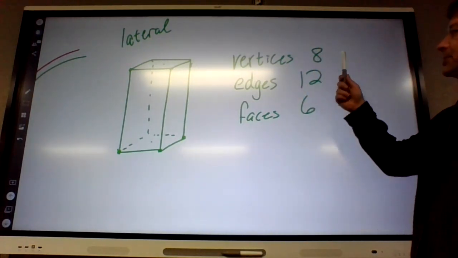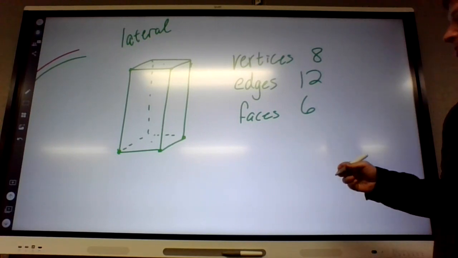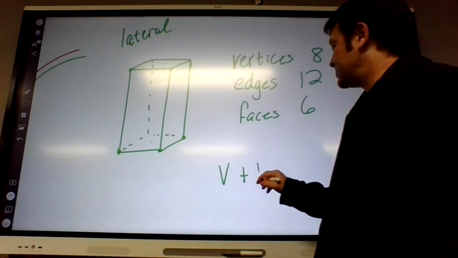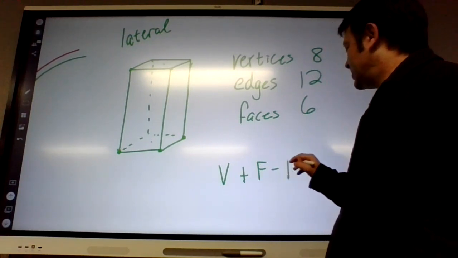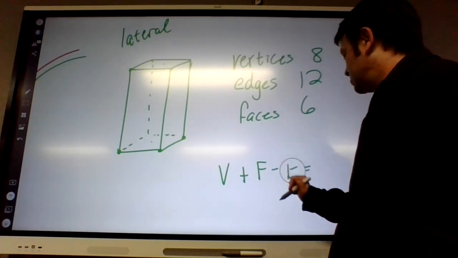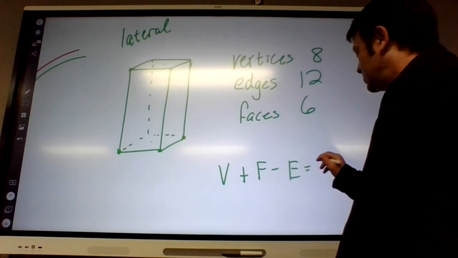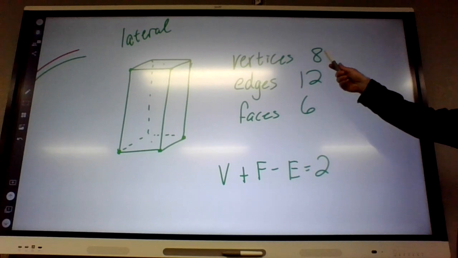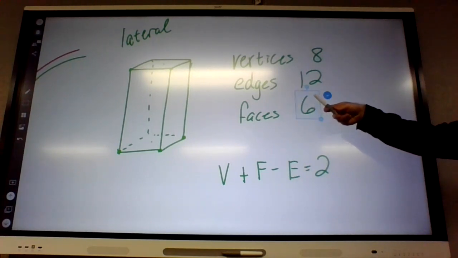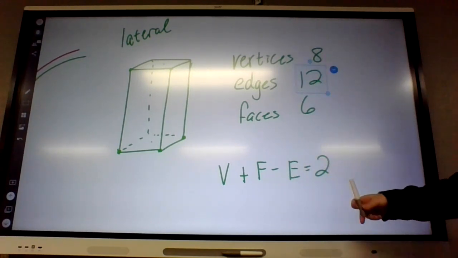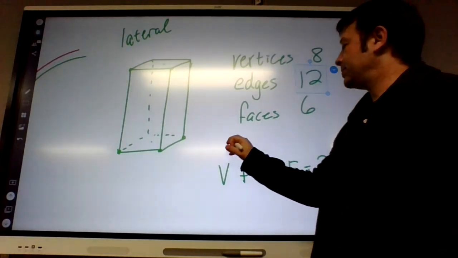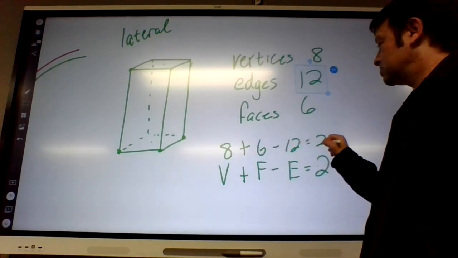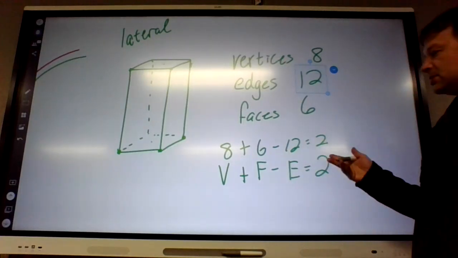There's always a relationship between these 3: vertices plus faces minus edges should always equal 2. So on this one, does 8 plus 6 minus 12 equal 2? It does.